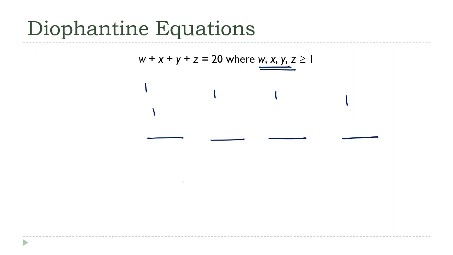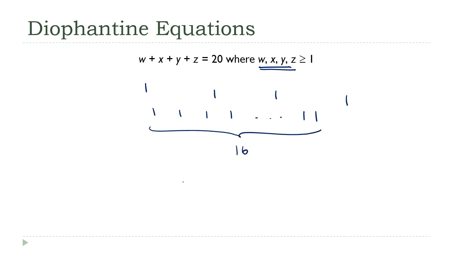So I'm going to put 1, 2, 3, 4, and so on out to 16 of these. And then I need 3 more spots that I'm going to put the lines in to do the separating. So I have a total of 19 blanks that I have to fill. 16 of them are going to get ones, and 3 of them are going to get those dividing lines.